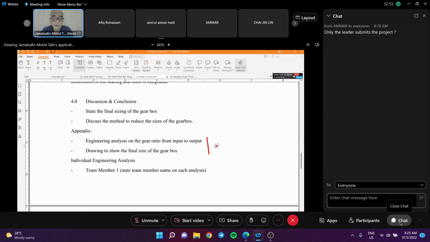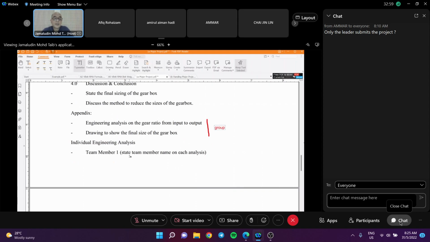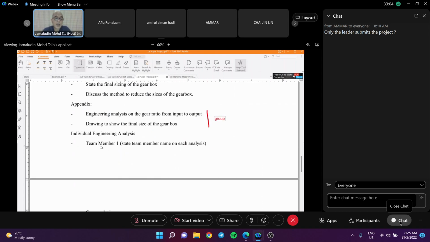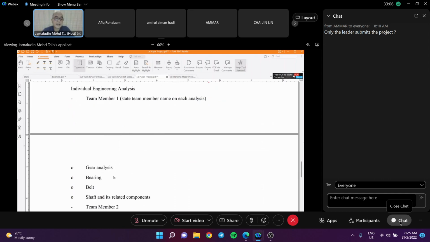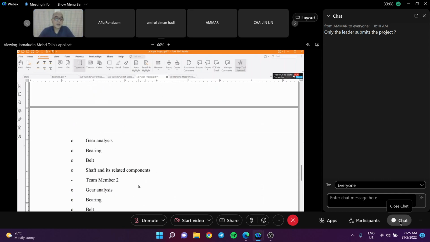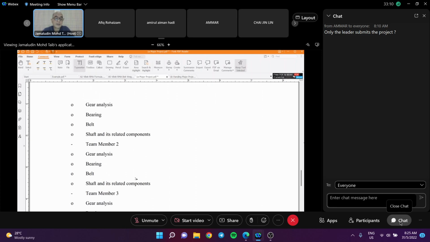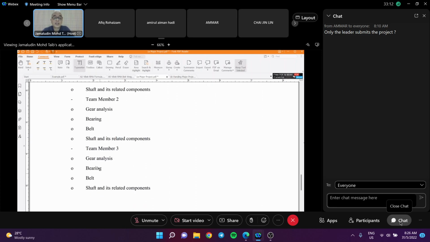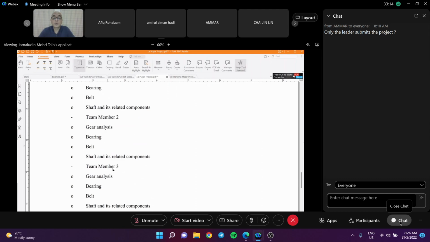And the other part will be the individual analysis. That means state the member name first for each analysis. Let's say team member 1: gear analysis, bearing, belt, shaft; and team member 2: gear, and so on; team member 3, and so on. If you have 2 members, only expect 2 analyses.